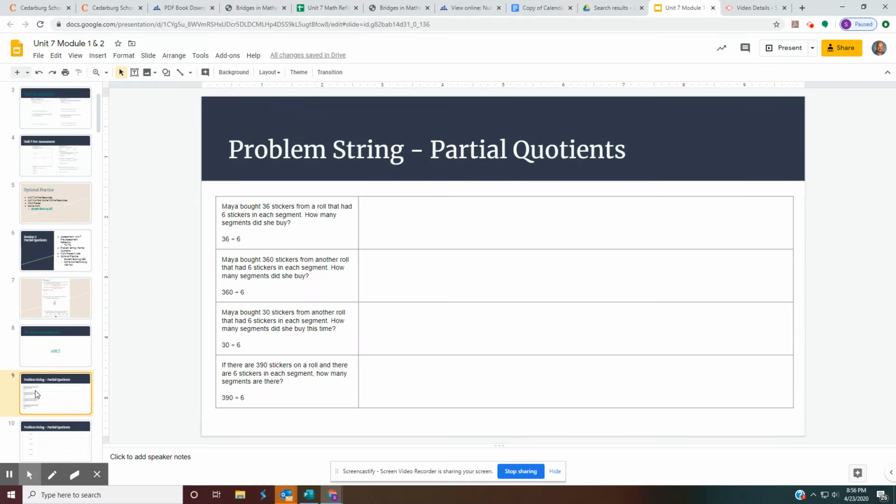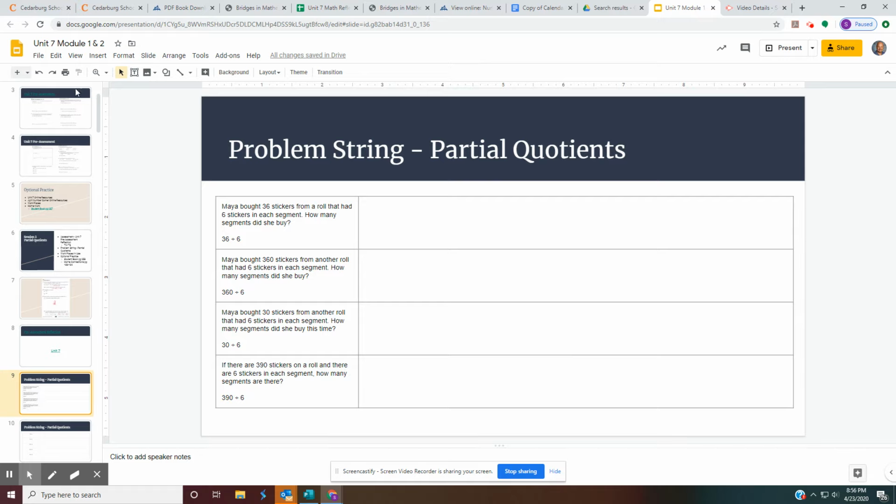All right, like I said, we are going to be doing a problem string dealing with partial quotients. So just using some division problems that we already know to help us solve what these other problems are.